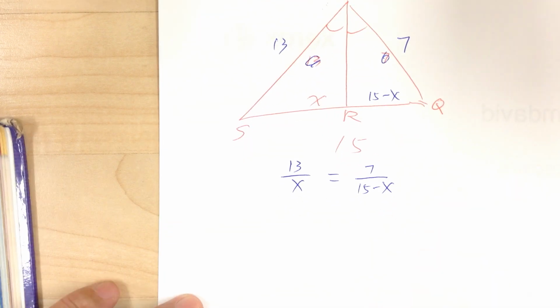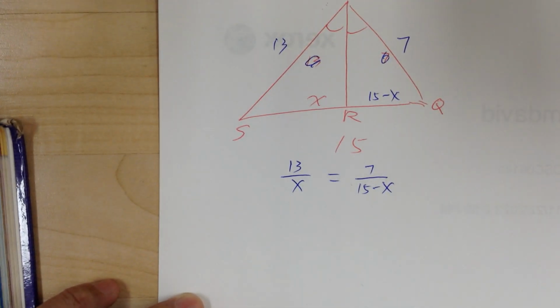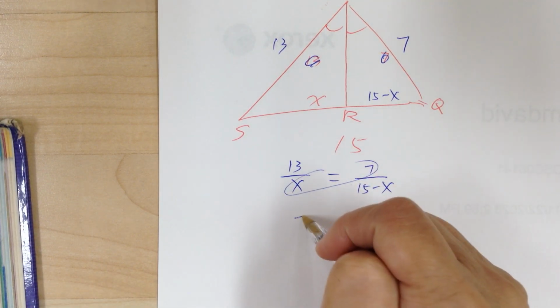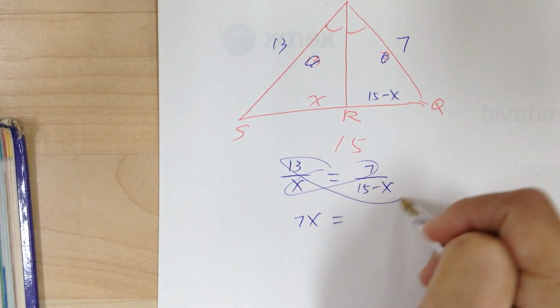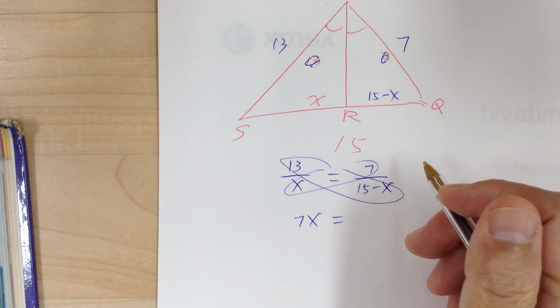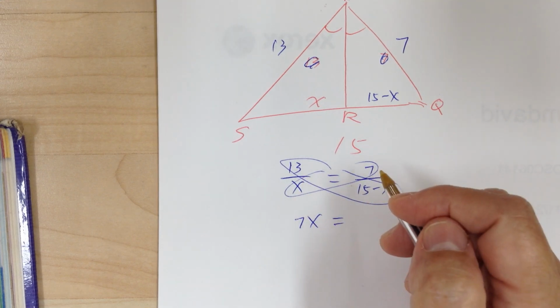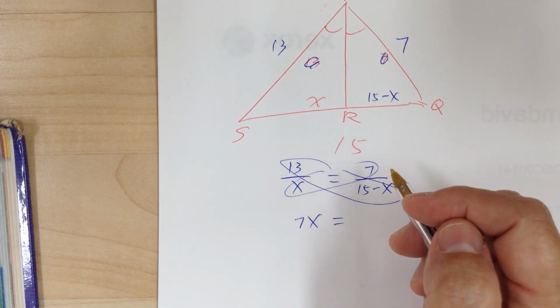Okay? So from here, you're just going to cross multiply. So cross multiply, you got 7x equal to, get your calculator, 13 times 15.